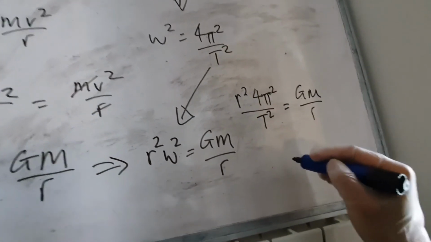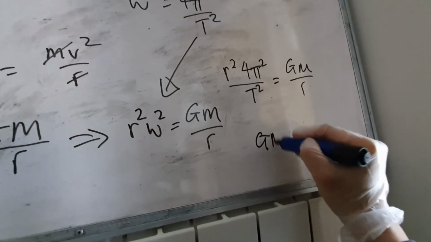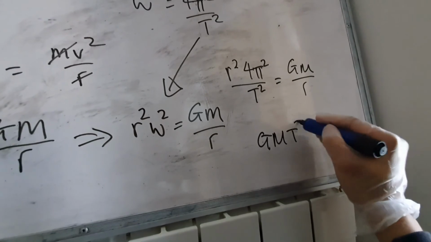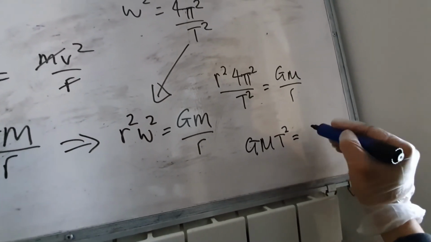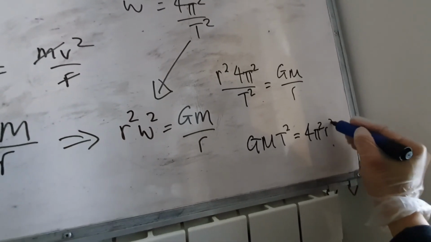Cross multiply, so now you have GM T squared is equal to 4 pi squared r cubed.